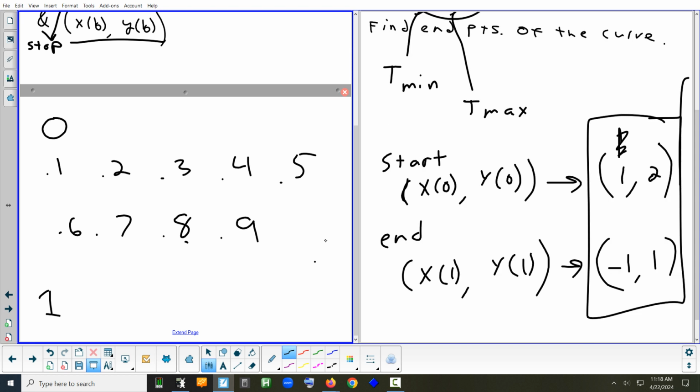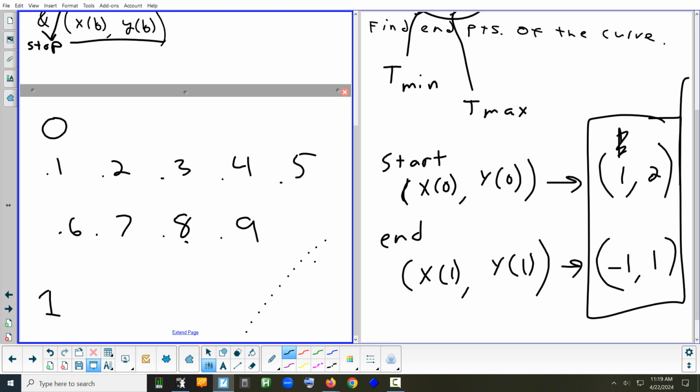So essentially it's going to do something like this. And it's going to do 1, 2, 3, 4, 5, 6, 7, 8, 9, 10, 11. So the calculator is basically graphing 11 dots to make the picture, and then it's going to connect them all. That's what the T-step does. It controls how many points the calculator is going to plot.